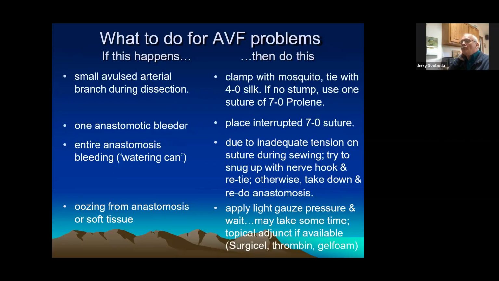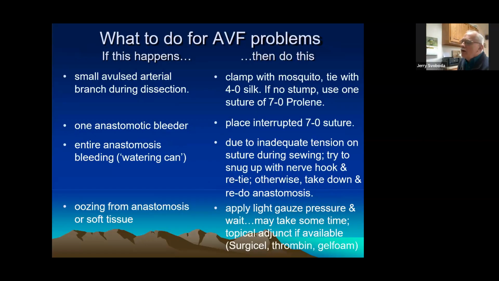What if you're having problems? What if you've torn off a small arterial branch during the dissection? No problem. If there's enough of a stump to tie, clamp it with a mosquito hemostat and tie it. If there is no stump, it'll either stop on its own, or if necessary, you use a single suture of 7-0 Prolene to stop it.